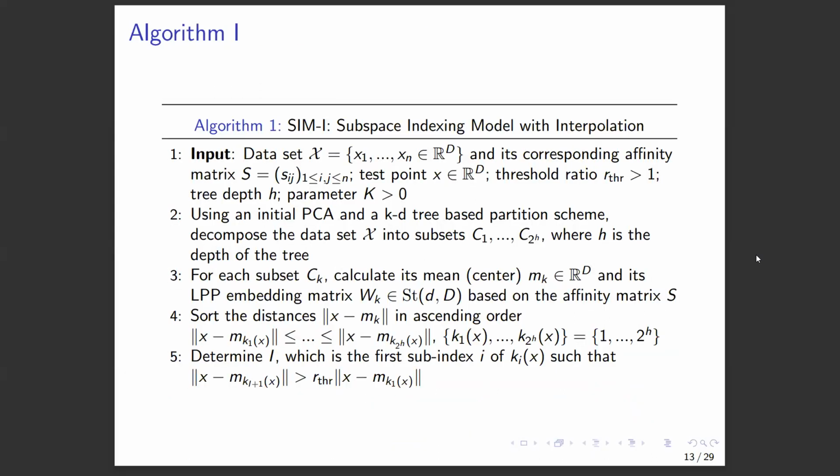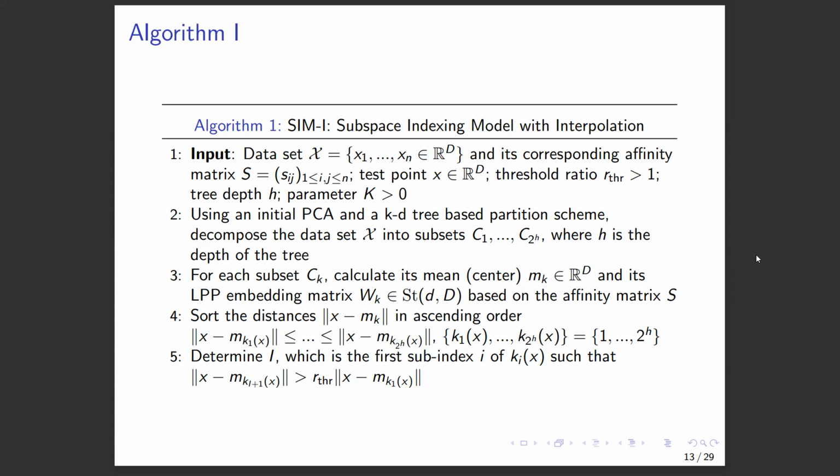All right, so after introducing the LPP as well as the interpolation, we can combine them together to develop our SIMA-I algorithm. For this algorithm, our input will be the dataset, the corresponding affinity matrix, the testing data point, the threshold ratio, the depth of the tree, and parameter k.